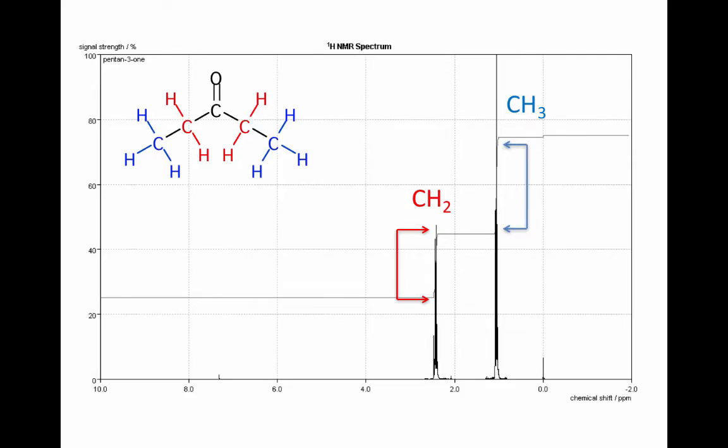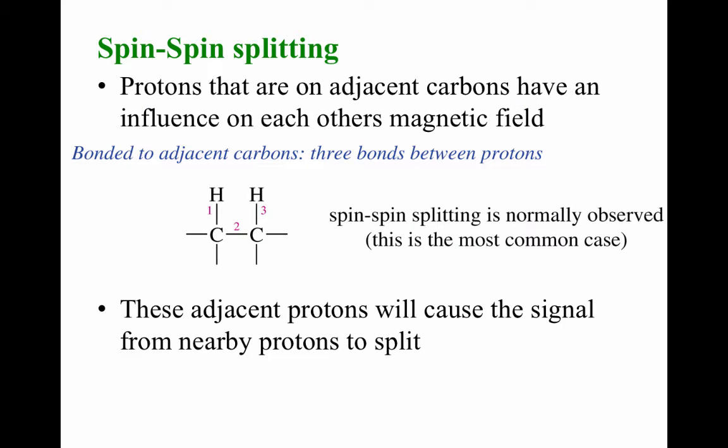Now let's talk about spin-spin splitting. This is the effect that a proton on an adjacent carbon has on each other's magnetic field. What you look for is a hydrogen that is within 3 bonds to another hydrogen. And these hydrogens are going to affect other hydrogens.